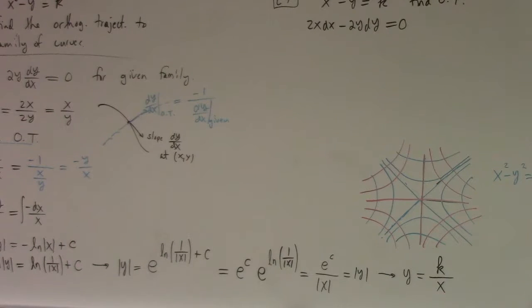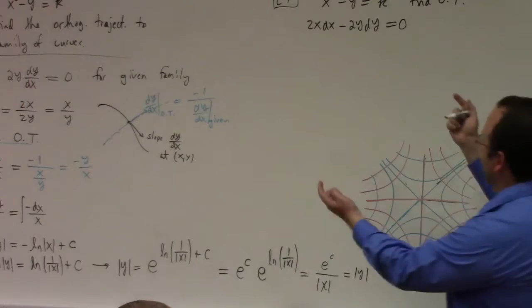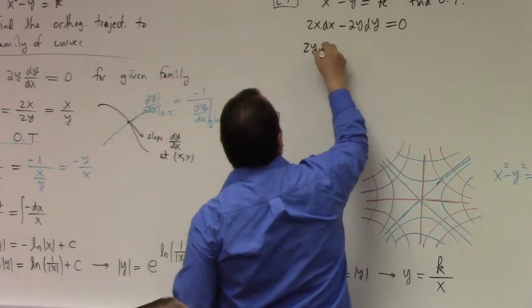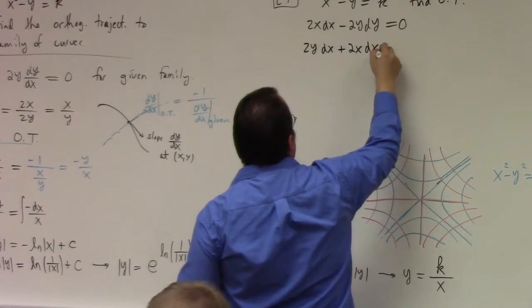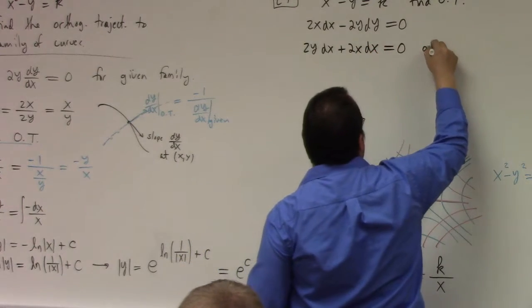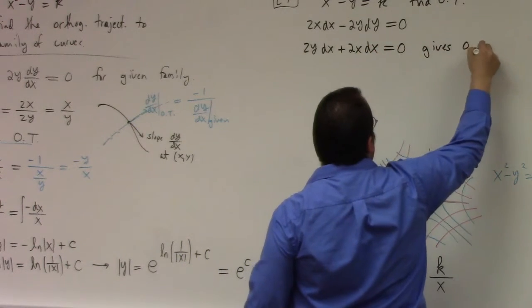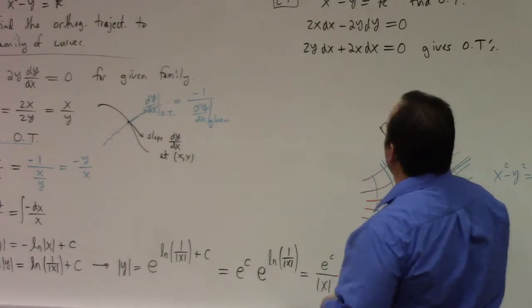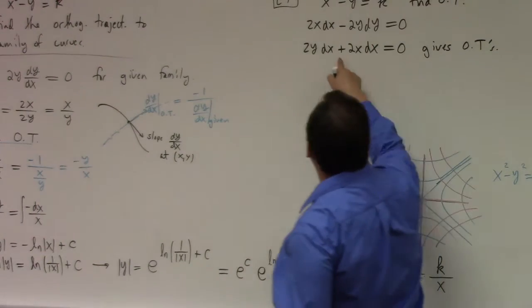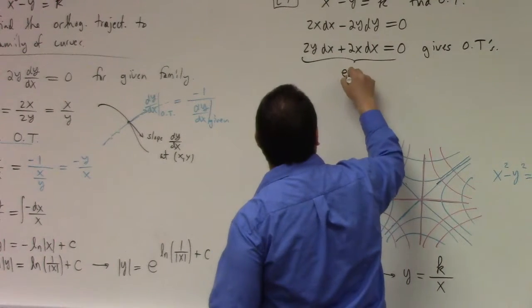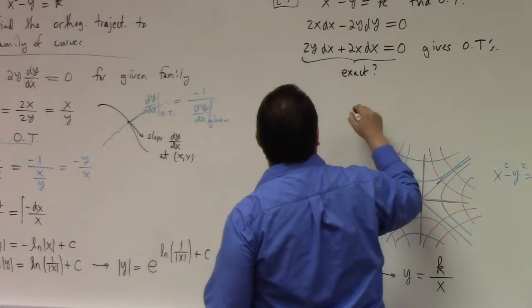So if I want something that's perpendicular to that, I just flip and add a sign. It gives the orthogonal trajectories. And if we're lucky, that'll be exact. Is this exact? Well, let's see here.